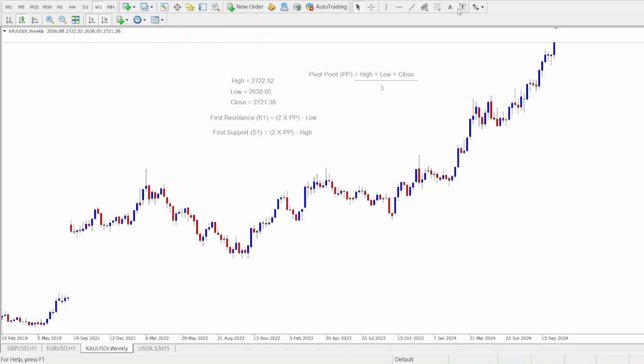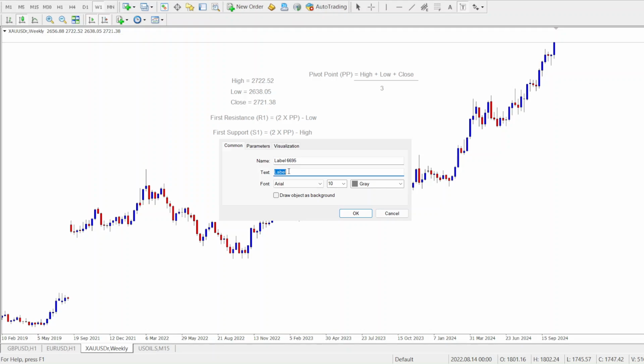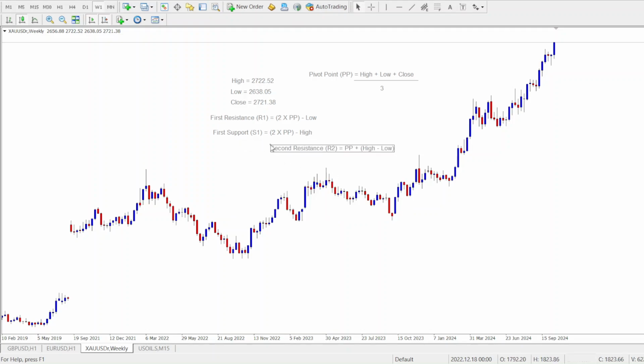Then as for our second resistance, we have our pivot point plus the high minus the low.